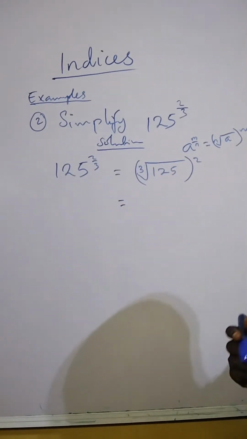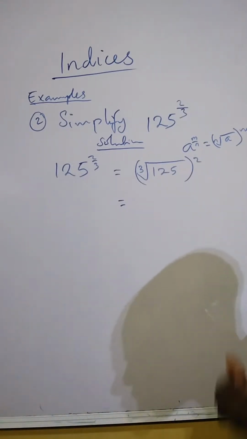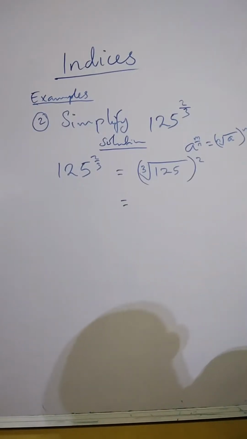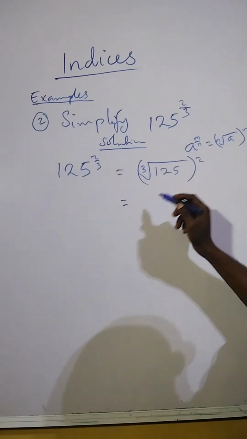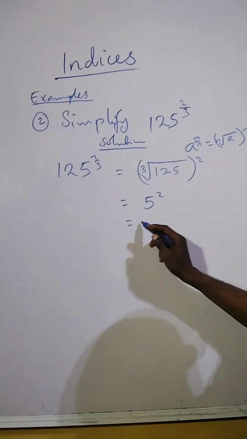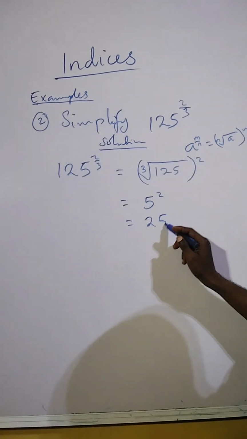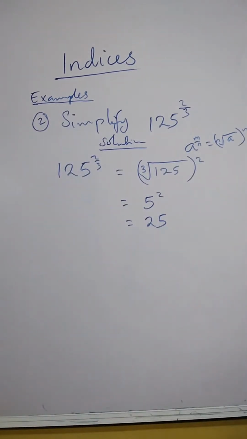Cube root means the number you multiply 3 times to give what is inside here. So 5 is the number. We multiply 5 three times to get 125. So this is 5, then squared. And 5 squared is 25. So that's simple. Okay? That's a simple application of the law.